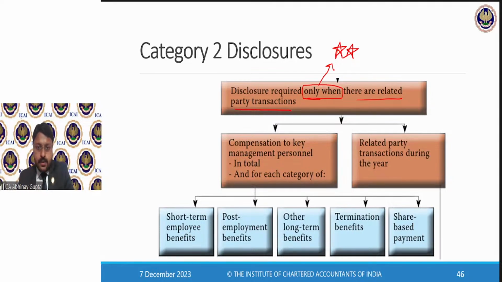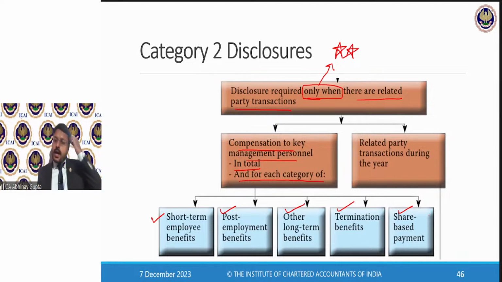Now, for example, compensation to key managerial person in total and for each category. What are the categories? Short-term employee benefits, post-employment benefits, other long-term benefits, termination benefits, and the share-based payments. So these are the 5 categories given by the standard, under which we will be disclosing all the compensation we are paying to our KMPs.